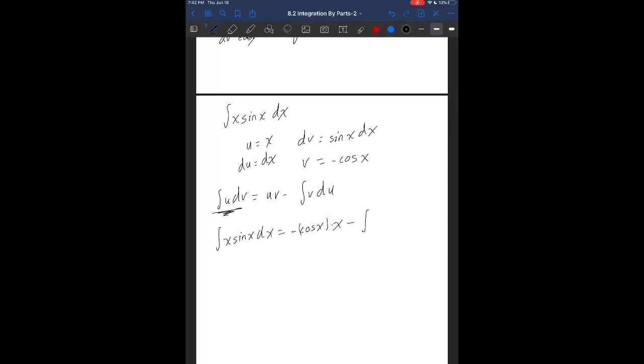We have a minus in this cosine here, which will make this positive, so positive cosine of x times du, or times dx. Okay, this is great. We know how to take the integral of cosine. The integral of cosine will be sine, and so we have negative x times cosine of x plus sine of x plus c.